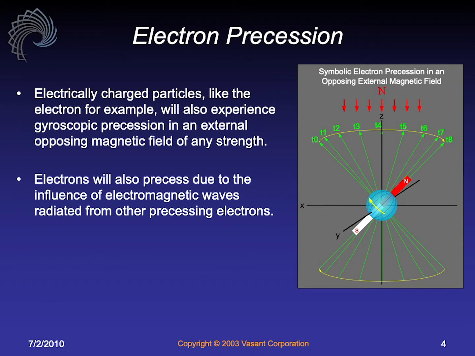Just like a gyroscope, if you've got some force, in this case a magnetic force pushing and pulling on that spin axis, it won't just turn directly to face or turn away from that external force, but it'll start gyrating around like a gyroscope or a top that's off axis. And as it does so, it will radiate away electromagnetic waves, according to classical electrodynamics.